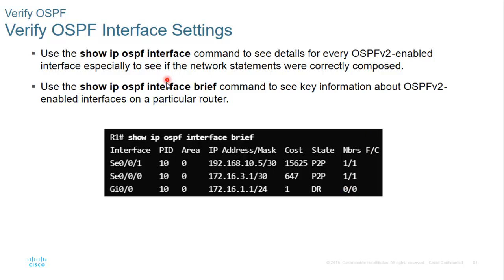In this example, R1 has 3 interfaces here, and this particular interface is the DR. This state is point to point, so the DR-BDR election doesn't happen, but it has one here. Since it is the only one going to that LAN, it is the DR. Then we have the IP address, the process ID, and so on.